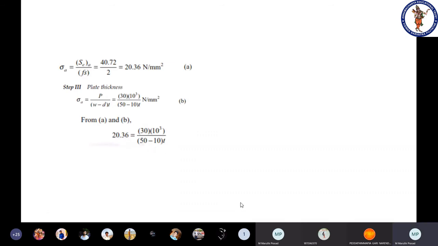Whatever load is acting, that should be taken by the material. So by equating these two, the thickness of the plate is 36.84 millimeters.